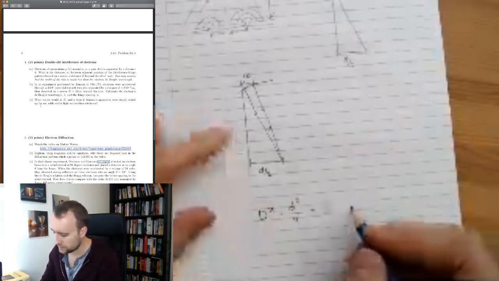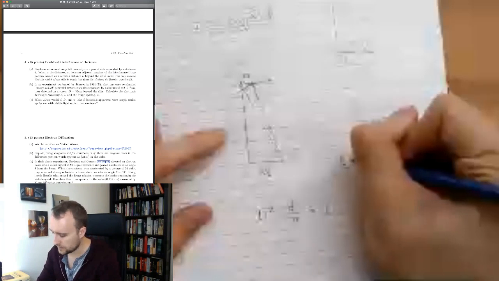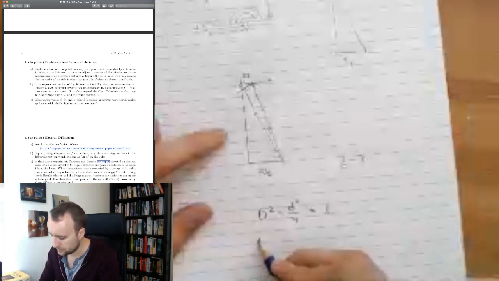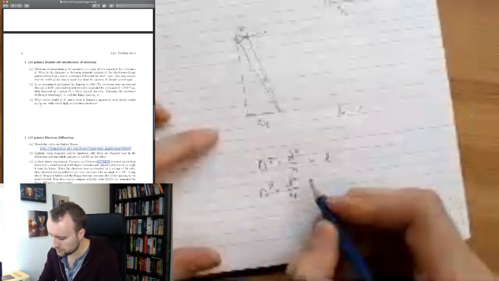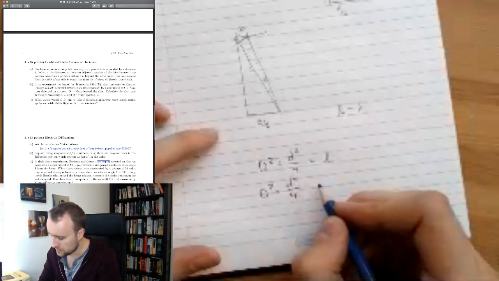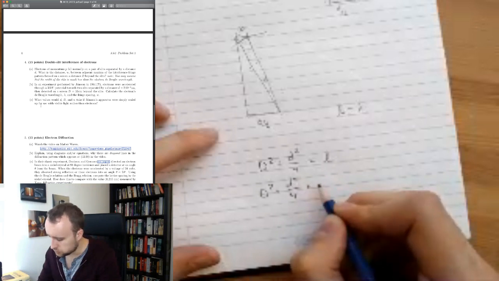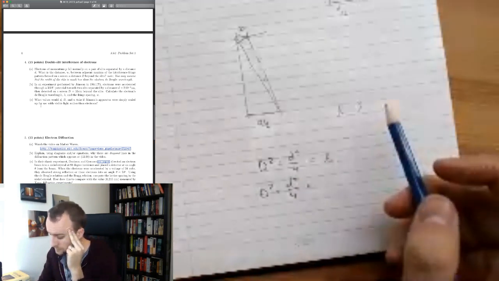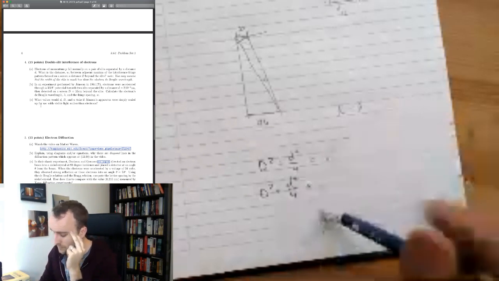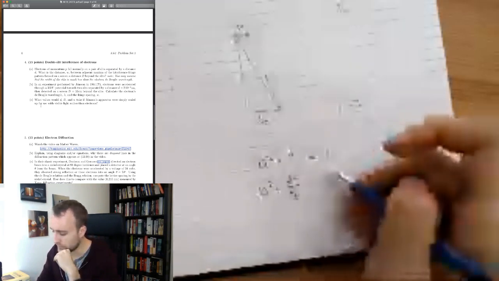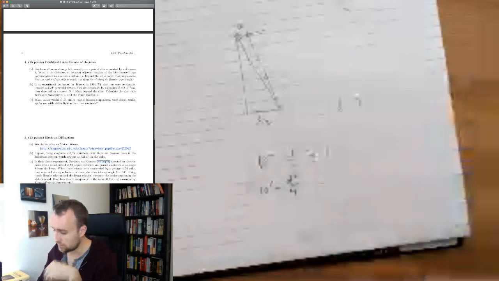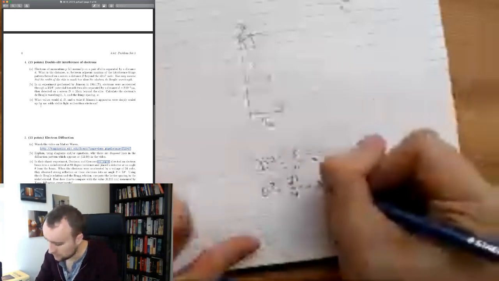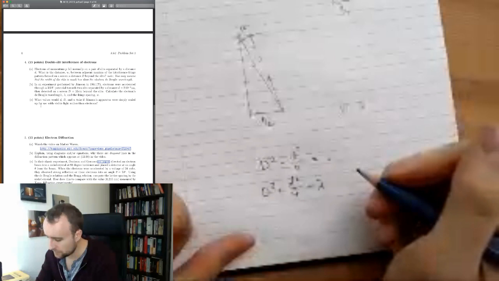But what we want is the length minus lambda. So d squared plus d squared over 4 is equal to L minus lambda.